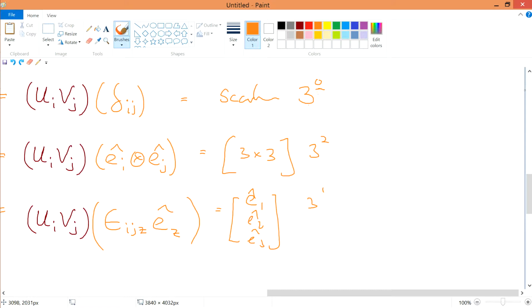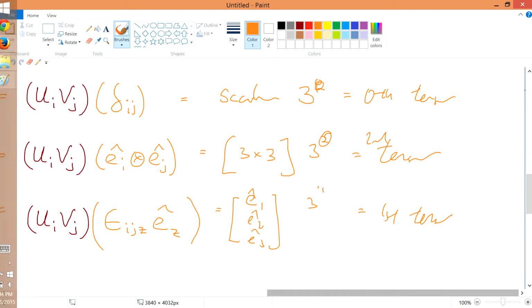The scalar is in terms of 3 to the power of 0, which is a 0th order tensor. For a vector, this is 3 to the power of 1, which is the first order tensor. And second order and higher, we will just say it as normal tensor. In this case, it's 2, so it's second order. If it's 3, then it's third order, and so forth.